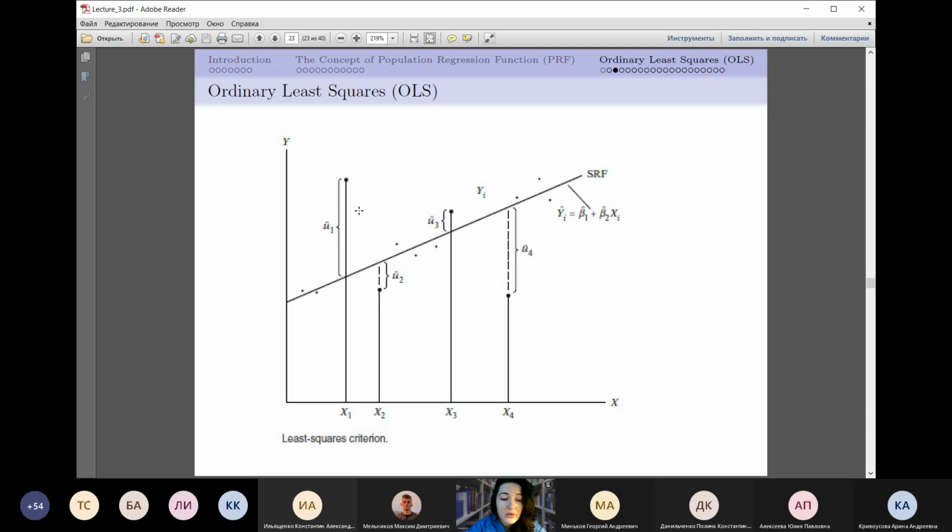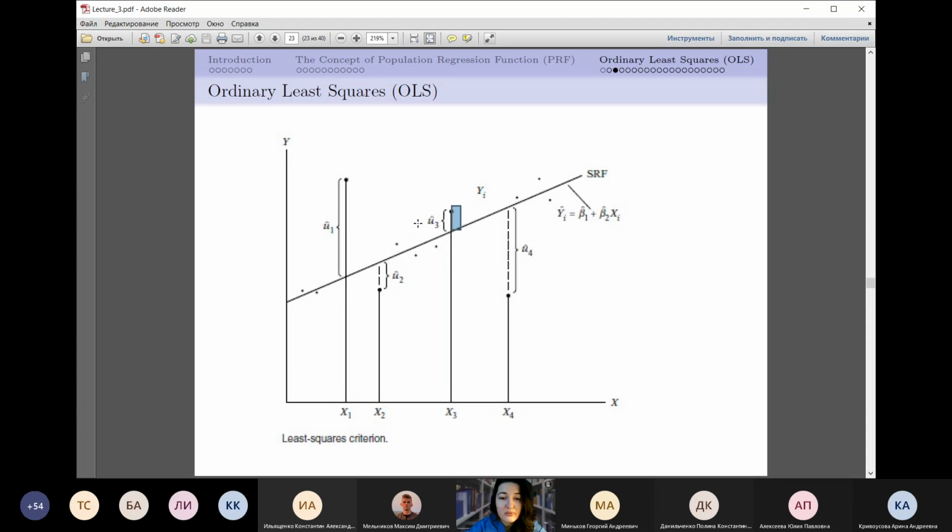It means that we give equal importance to all residuals, no matter how close or how widely scattered the individual observations are from the sample regression line. In our example, if you compare this residual with this one, you can see that the distance is different.